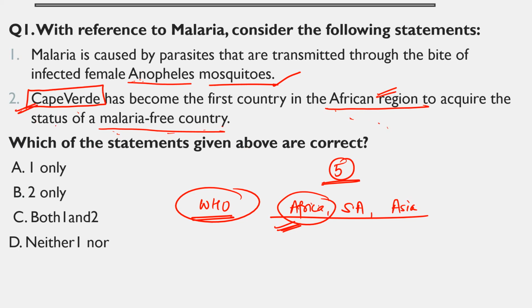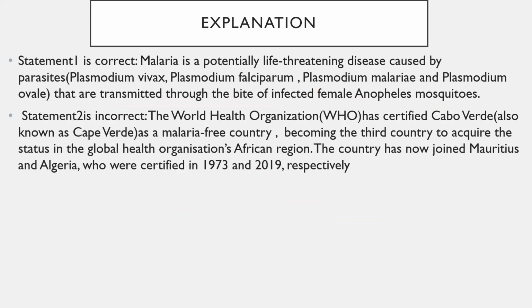This was a news item, a current affair, and that's how I prepared the question from the current affairs topic. Some of you must have heard this name, some of you might not have heard it. So this is the main thing. Getting my point? You can read from the statements here.